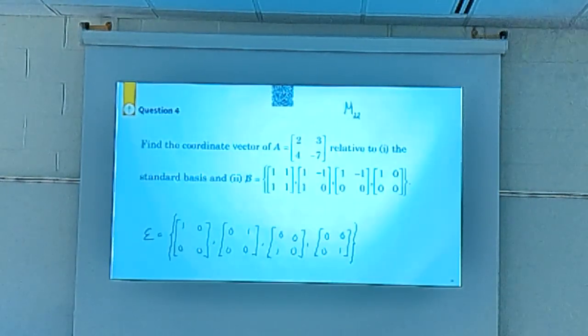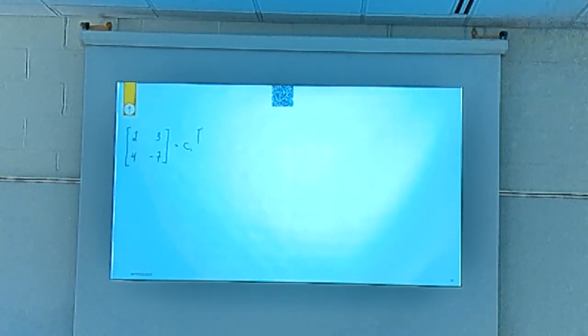So we want the coordinate vector for that 2 by 2 matrix, which was 2, 4, 7. Means we want to find the constants that make this true.